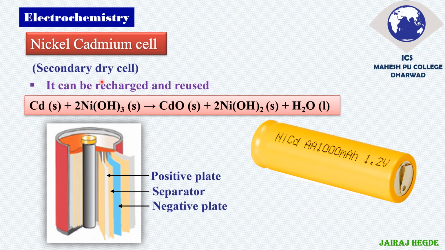This is the overall reaction which happens in the nickel cadmium cell. If we supply electricity, the entire reaction can be reversed. That's why this is a typical secondary cell. It can be used as a substitute for the Leclanché cell.